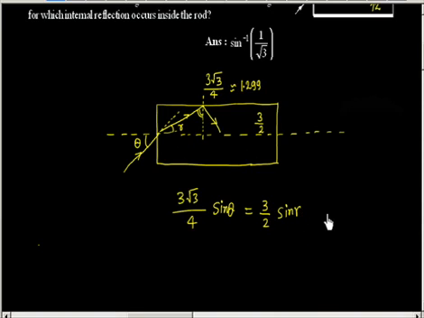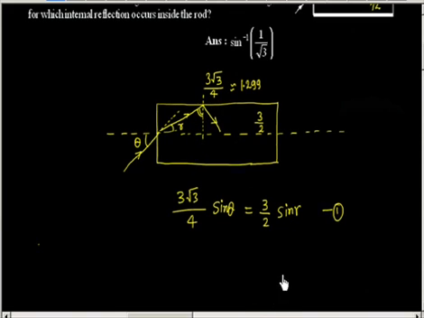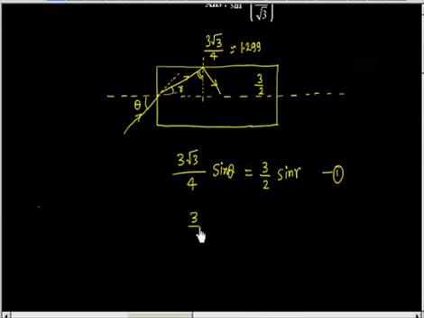So this is equation 1. Now if I write the same thing at this surface, n1 is 3 by 2, and what is the angle of incidence? This angle is i, and i is nothing but 90 minus r.